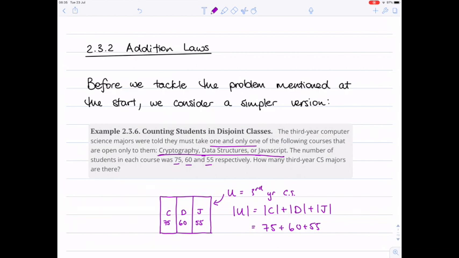So if we do some quick addition there, we'll see that this is 190. So we know that there are 190 third year computer science majors.